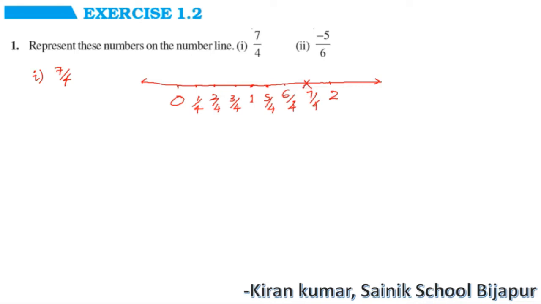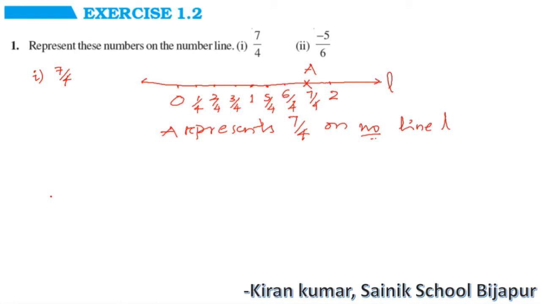Let me mention this point as A. A represents 7 upon 4 on the number line.